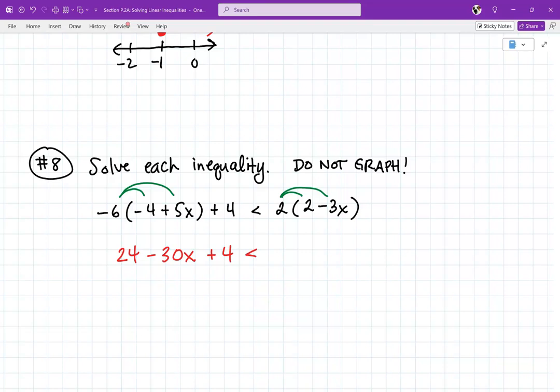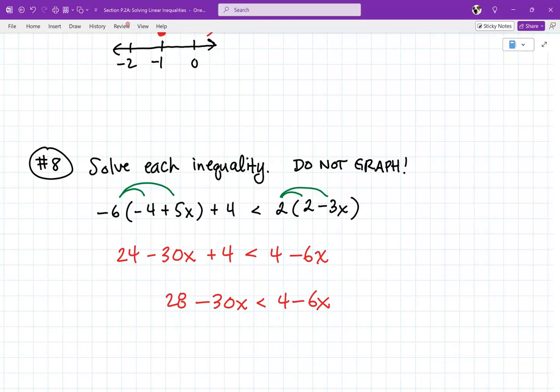Then I'll distribute on the right side. 2 times 2, that's 4. 2 times negative 3x is negative 6x. Now, before I move the variables, let's combine 24 and 4. So 24 plus 4, that's 28. So let me rewrite that. 28 minus 30x is less than 4 minus 6x.